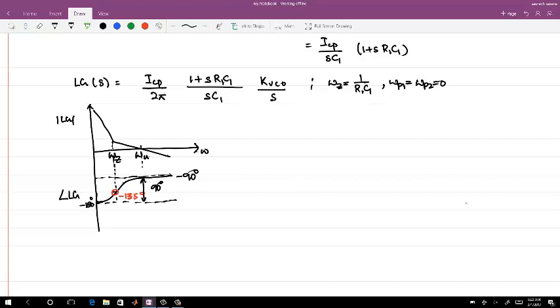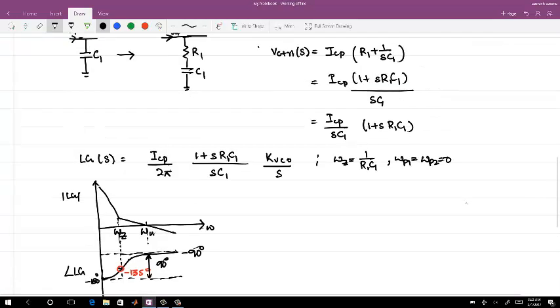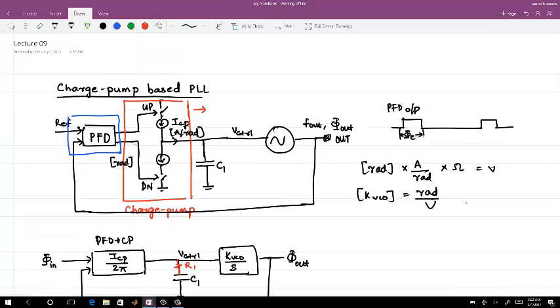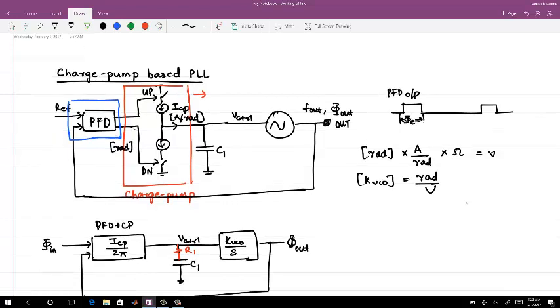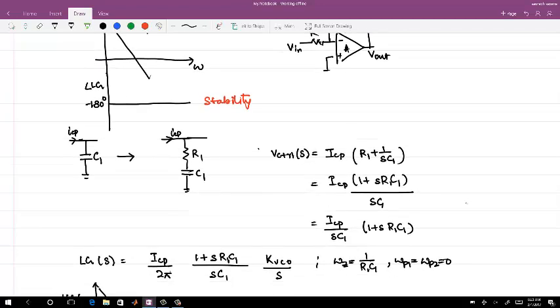But things actually start after this in a more complicated manner. You see that we have used a PFD, which is switching your charge pump switches to pump in the current or take the current out of the filter. Now, as soon as I changed one single capacitor to an RC, I started calling it a filter.